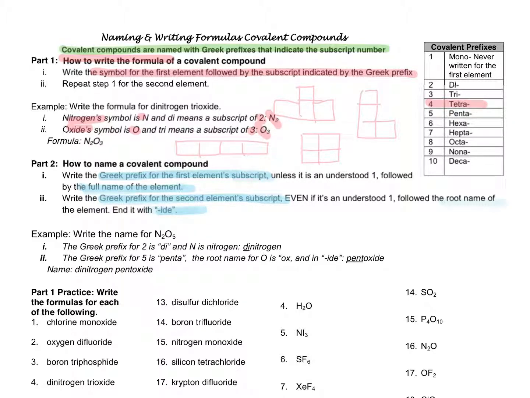N2: 2 means di, N is nitrogen, so I have dinitrogen. 5 is penta, so I have penta-ox, and once again we change it to "-ide". So dinitrogen pentoxide. We don't double up on the vowels here, so we don't say pentaoxide. If we're ending in a vowel, we just switch out that vowel for the one that's already there.